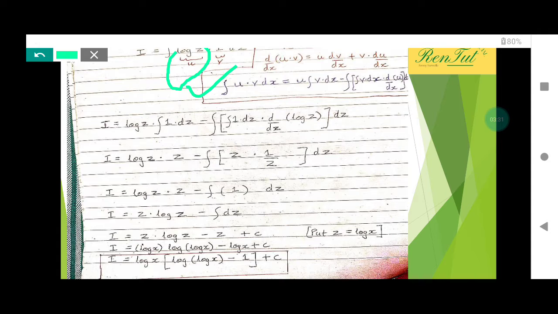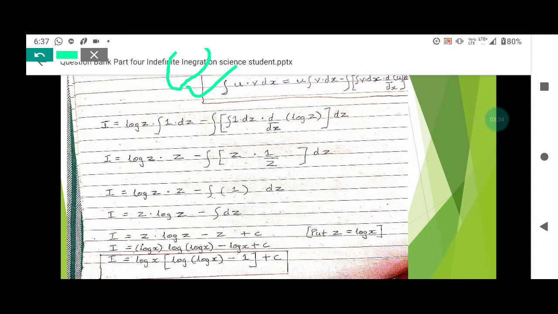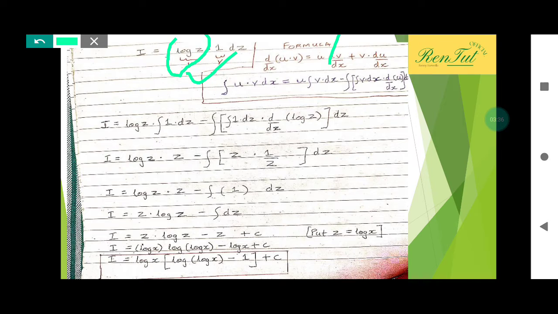But we need not confuse that with the derivation. Derivation is completely different and integration is completely different. This is derivation, what I have marked over here, but this is wrong. We have to do integration. So in integration, it is the integration of u into v into dx.